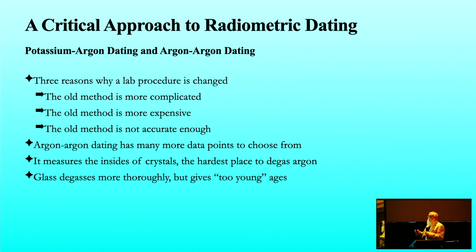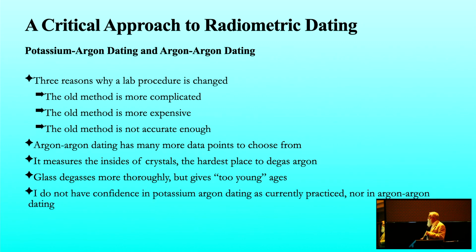Now, glass gets rid of argon much more easily, but you know what happens when they do glass dates? They're all too young. Frankly, I don't have confidence in potassium-argon dating as currently practiced, nor in argon-argon dating. You know, there are reasons why you might get gradations of potassium-argon dates, but they might not have to do with actual age.